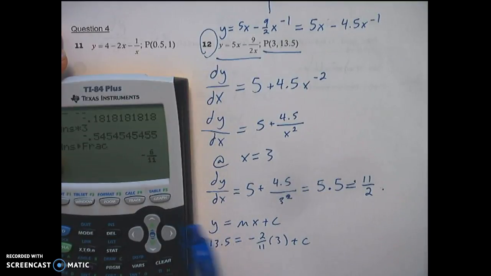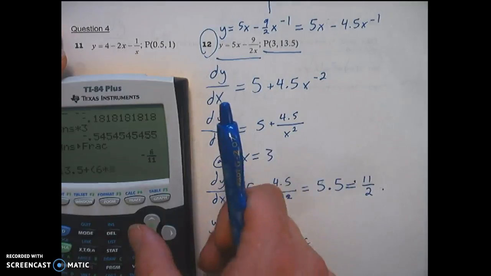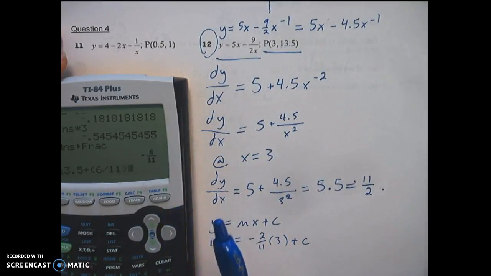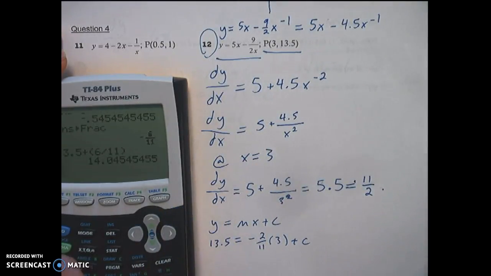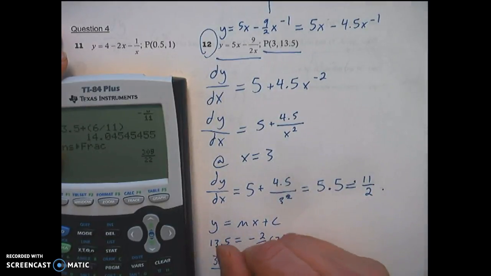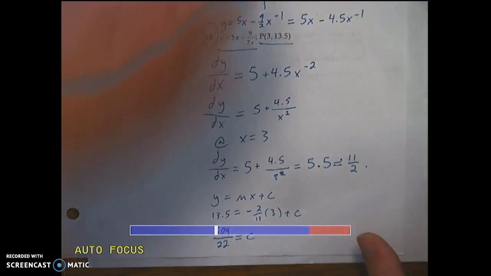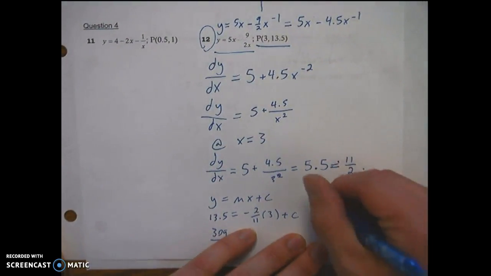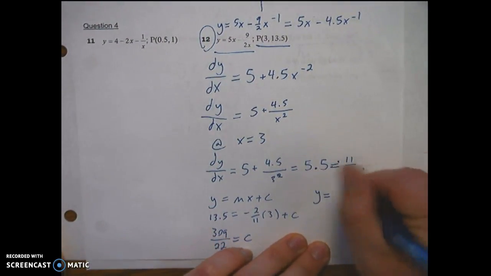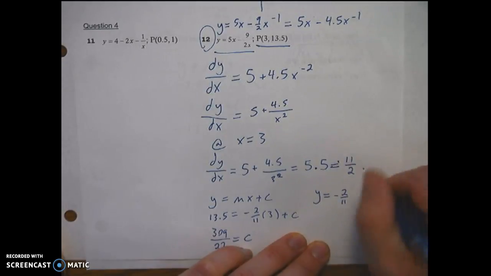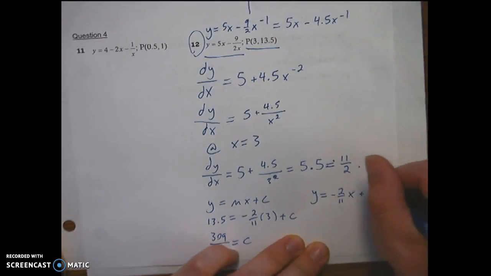So I need to add 13.5 plus 6 over 11. And that comes out to be some awful number which gets down to 309 over 22. That's my value of c. So to write the equation then, it's going to be y equals negative 2 over 11 x plus 309 over 22.